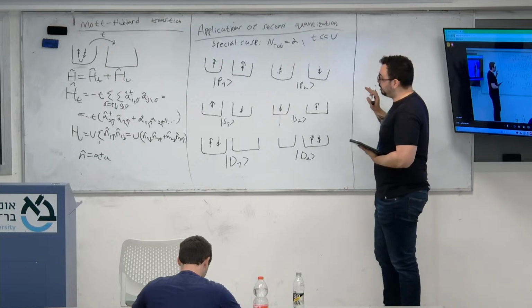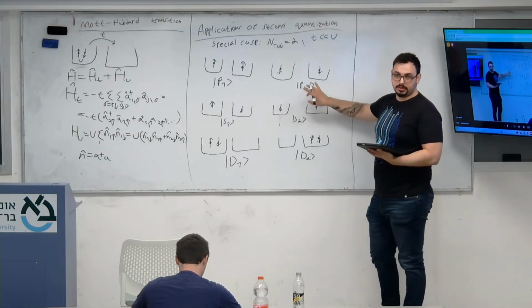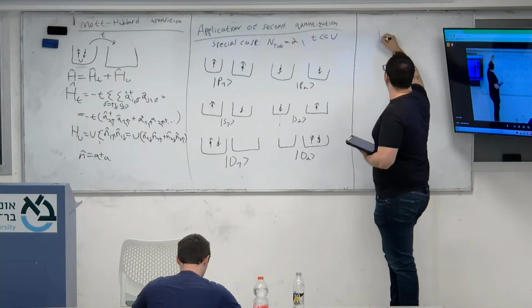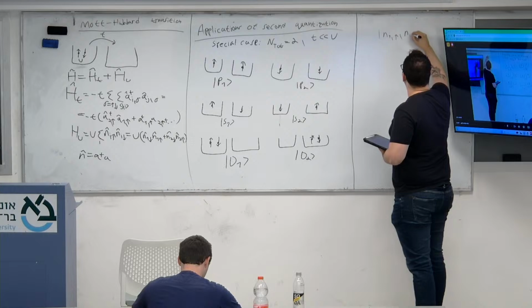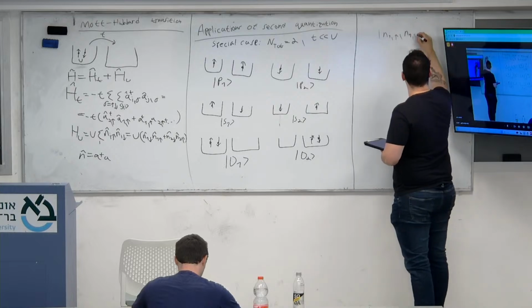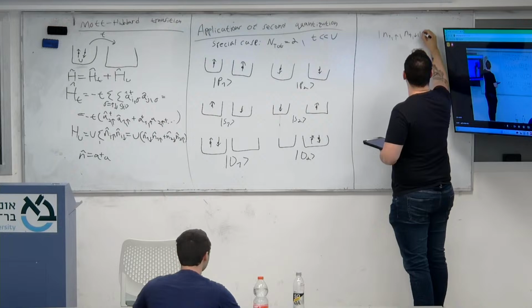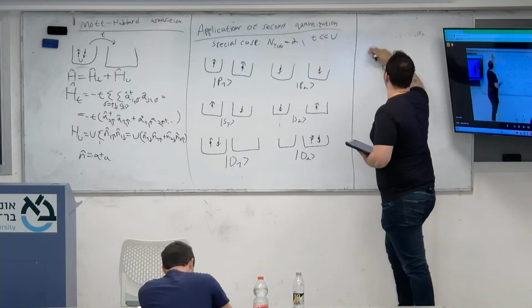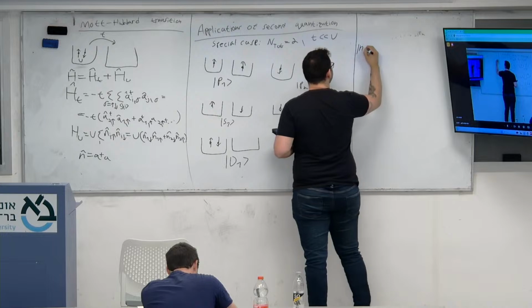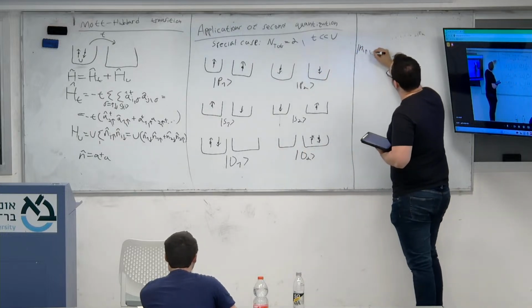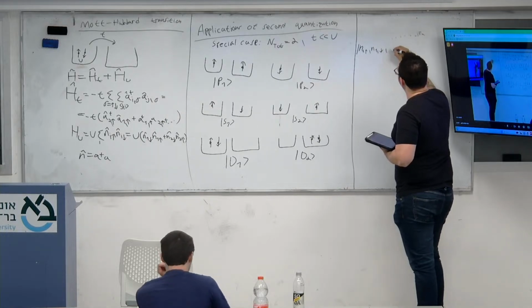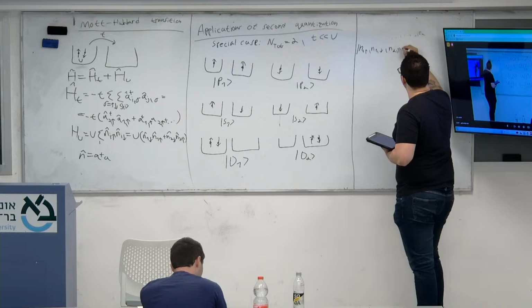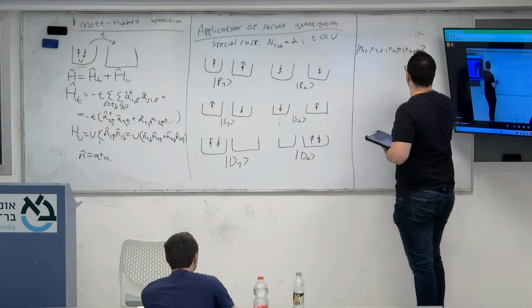If I want to translate this to a general Fock state, I can define a Fock state that follows: 1 up, 1 down, 2 up, and 2 down.